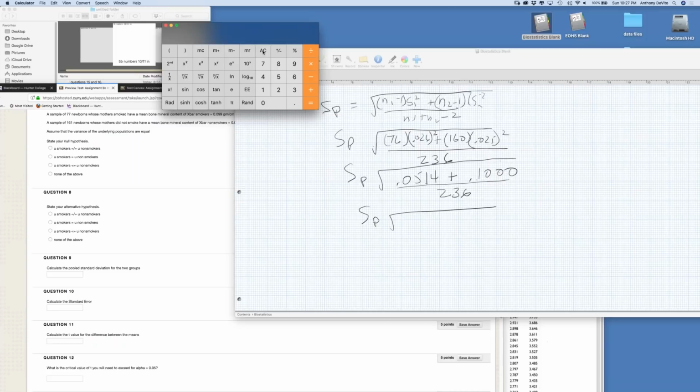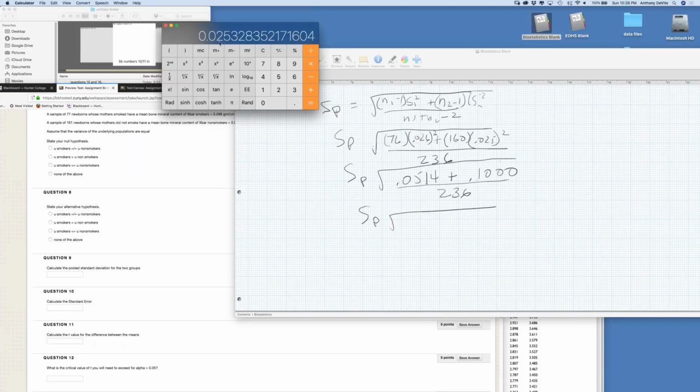Okay, so our pooled standard deviation is equal to 0.1514 over 236, equal to that. And then I'm going to take the square root of that whole thing.